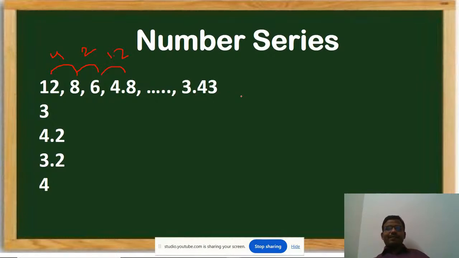Anyone? 12 into 2 by 3 is how much? 3 fours are 12, so 8. 12 into 2 by 3. 8 into 3 by 4. 12 into 2 by 3 into 3 by 4: 4 twos are 8, and 3 twos are 6.